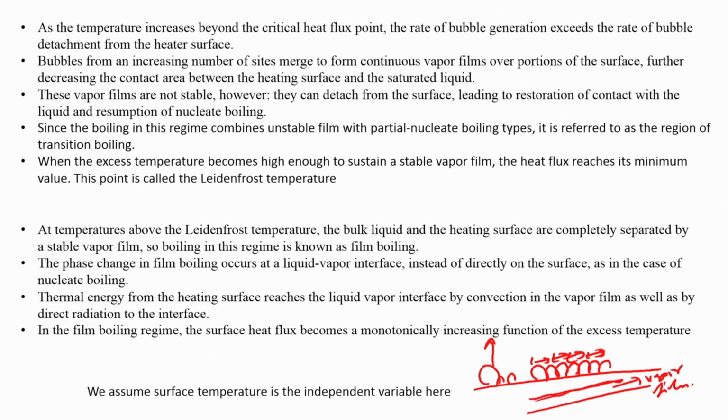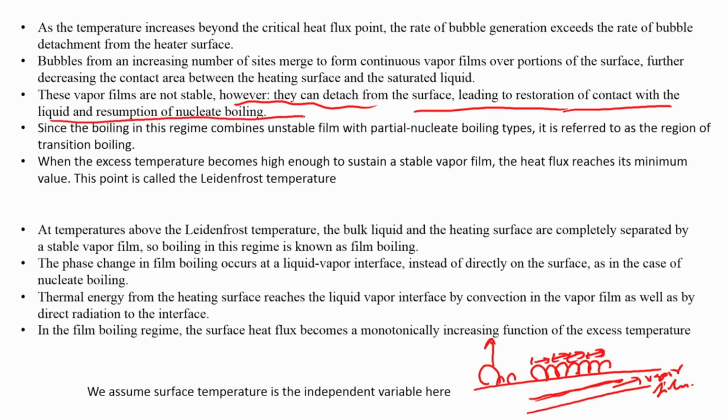And so, naturally, the heat now has to be transferred through this vapor layer. The heat from the surface goes to this vapor, and from the vapor it goes to the liquid. These vapor films, however, are not stable. They can detach from the surface and lead to restoration of the liquid and the resumption of nucleate boiling.